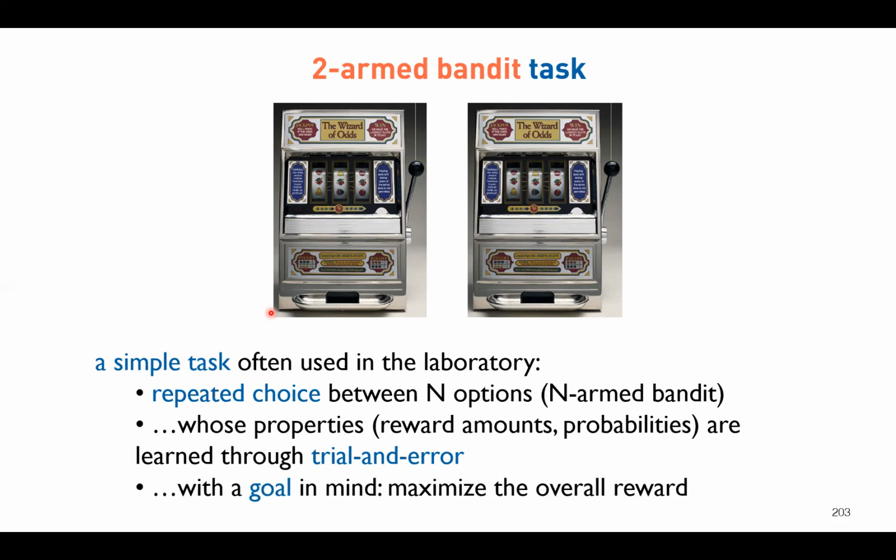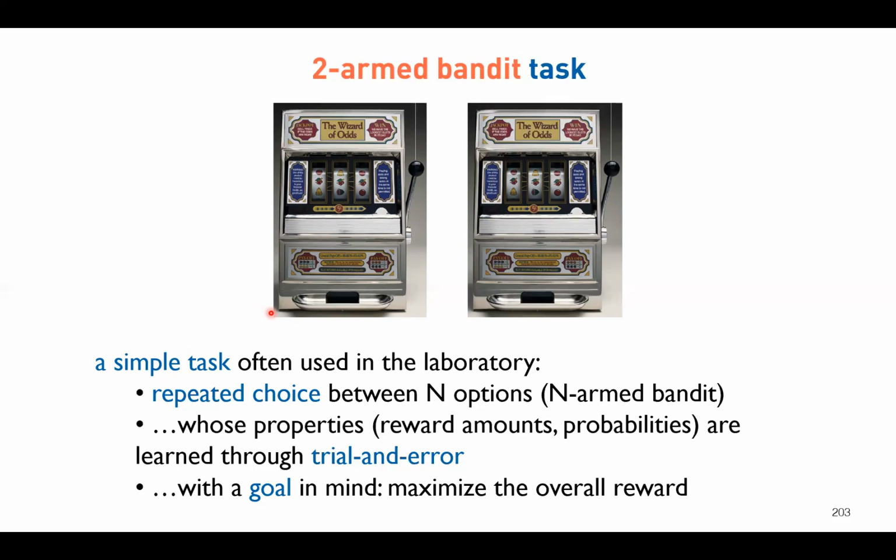And then the goal is to maximize the reward. So if you go to the casino, there are two machines in front of you. I tell you that you can only play 50 times. And then what can your strategy be? So think about it, right? If I tell you that you can only play 50 times, how do you want to behave?